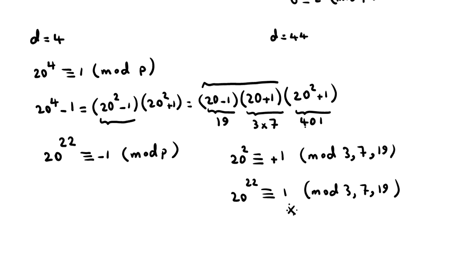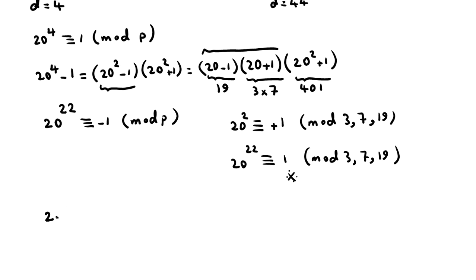Now if we take 401, 20 to the power of 22 mod 401. So if you consider mod 401, you can say 20 to the power of 22 is 20 squared to the power of 11. Because I can write it as 20 squared to the power of 11.